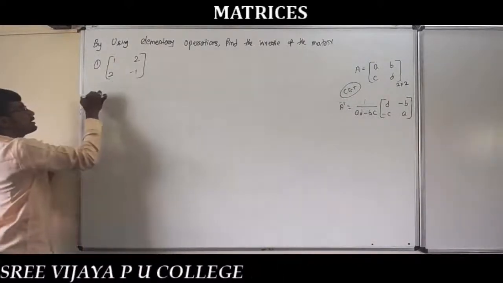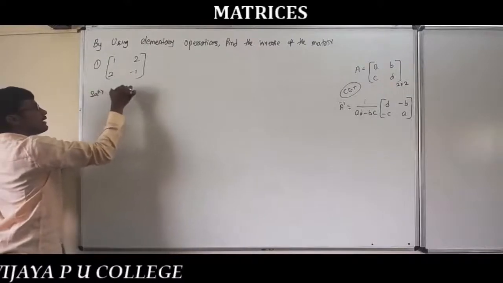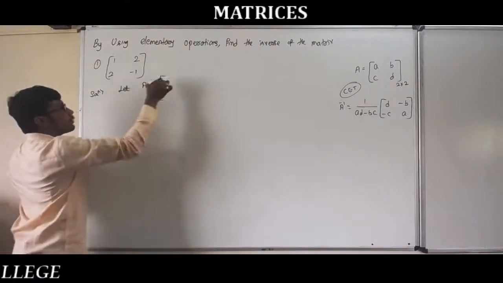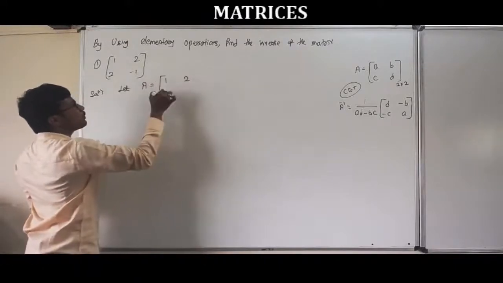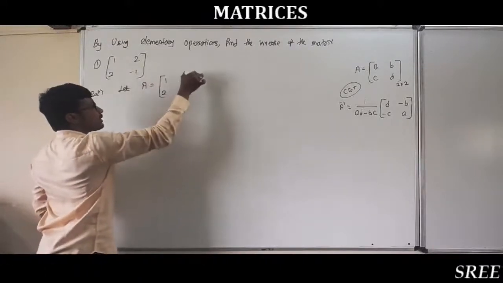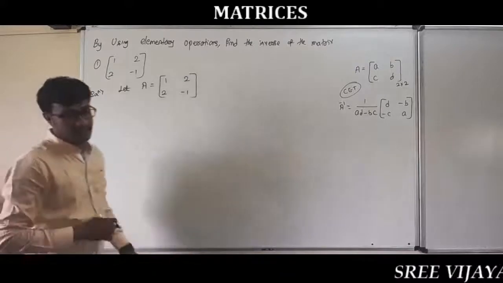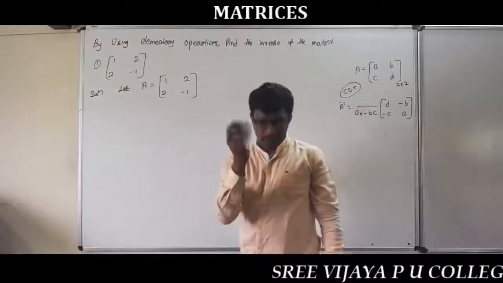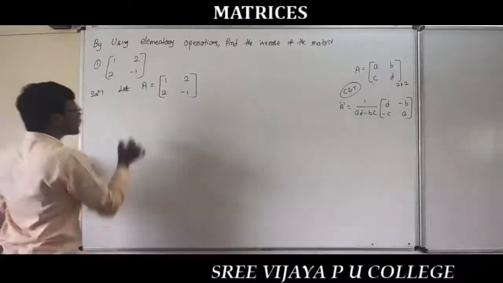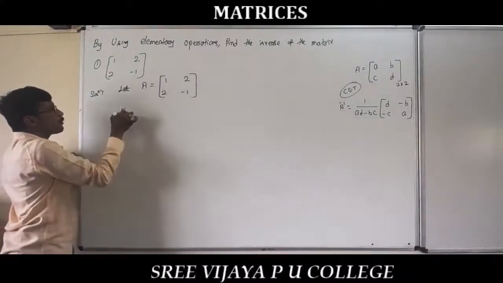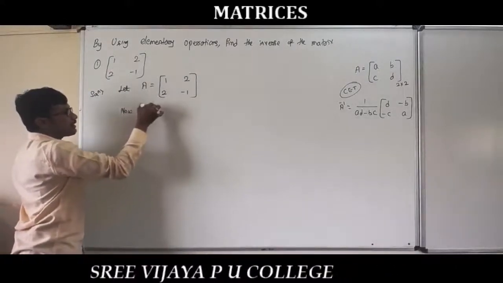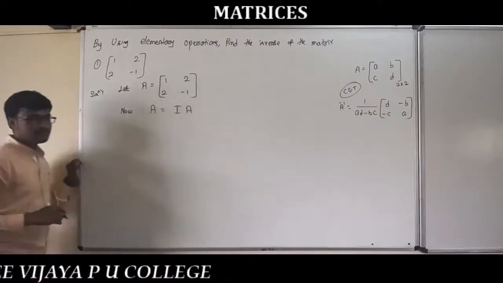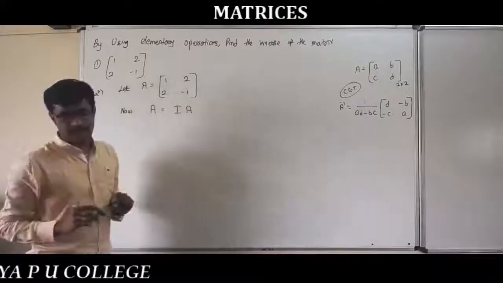So for the solution, let capital A be the given matrix, that is [1, 2; 2, minus 1]. This is matrix A. Now, which elementary operations are you applying? I am applying row operations. For row operations, we can write A equals IA. For columns, A equals AI.